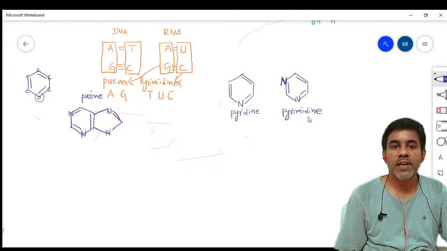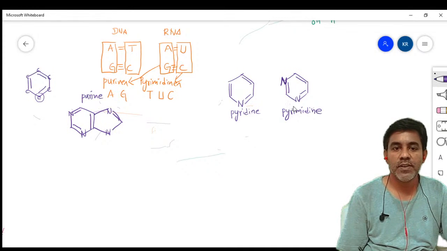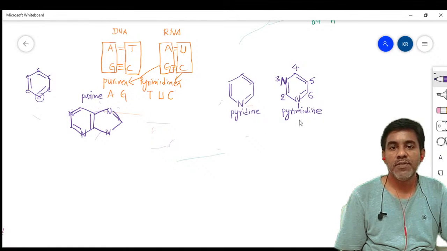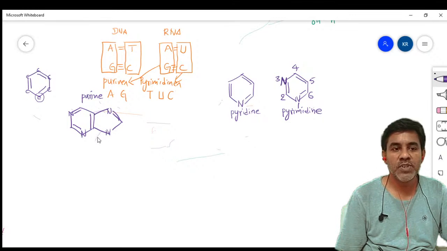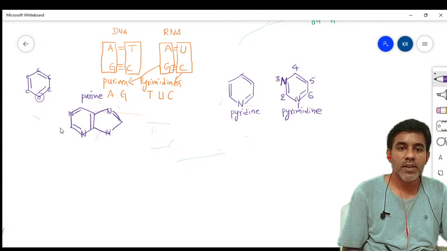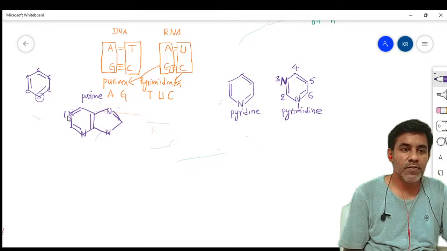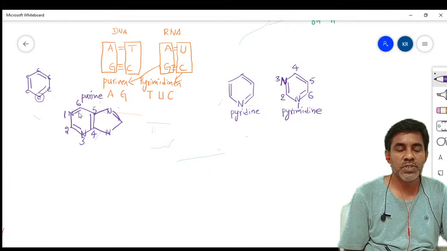Always remember that the numbering is important. This is the first position, second position, third position, fourth position, fifth position, sixth position. So this is the numbering for pyrimidine. Similarly, if you observe the purine, here the first atom is this one, first position, second, third, fourth, fifth, sixth position.